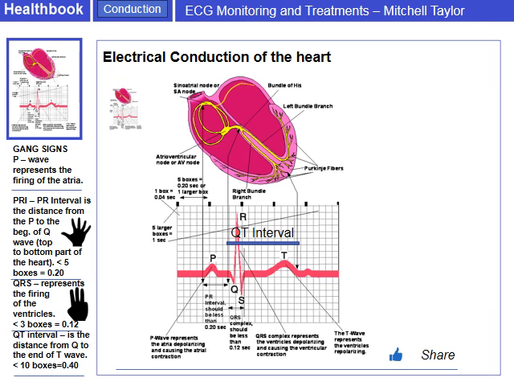Okay, this has a lot of information, but on our strips that we're going to do, we're going to get a strip out, and it's going to have these P, QRS, T complexes on them. And we're going to explain what that is.